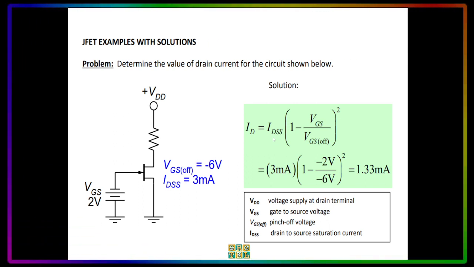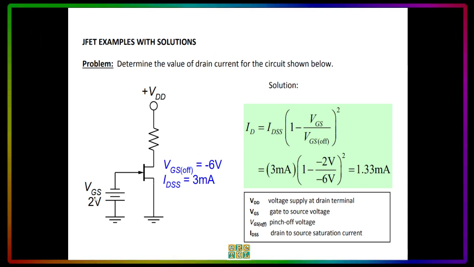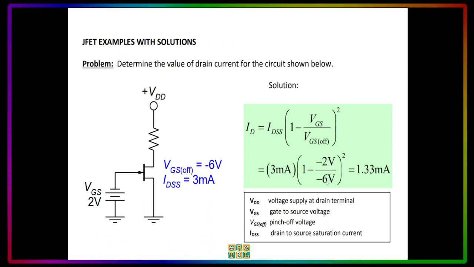Our IDSS here is given as 3 milliamperes multiplied by 1 minus the VGS, which is 2 volts. Take note that although this is written as 2 volts, we have to consider it negative because of this negative connection. So negative 2 volts divided by negative 6 volts, raised to the second power, and we will be getting 1.33 milliamperes.